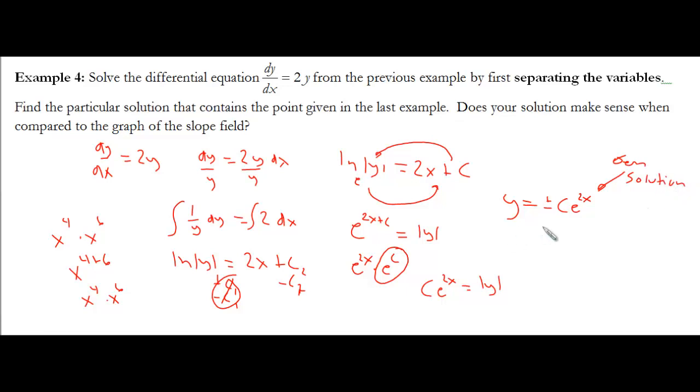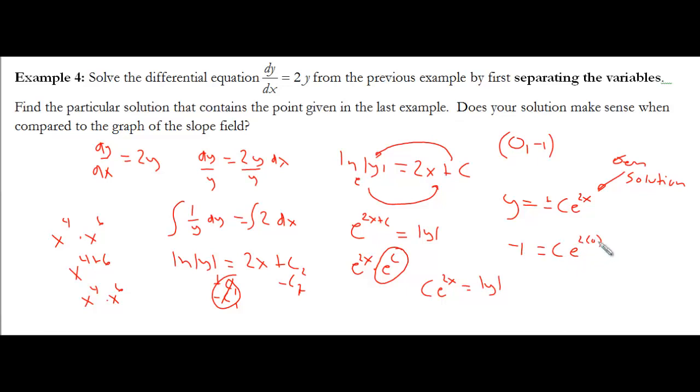and in order to get rid of that c, we need an initial value. So if you remember, our initial value was (0, -1), and so we want to use that to get our c. So when y is -1, x is 0, so basically you have c e to the 2 times 0.